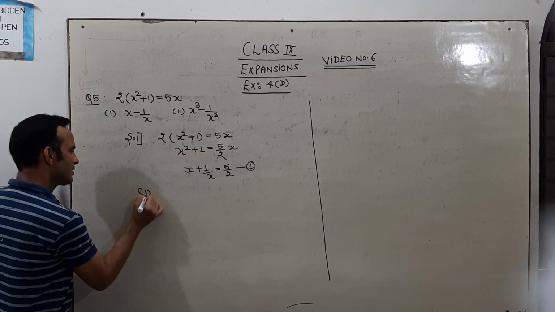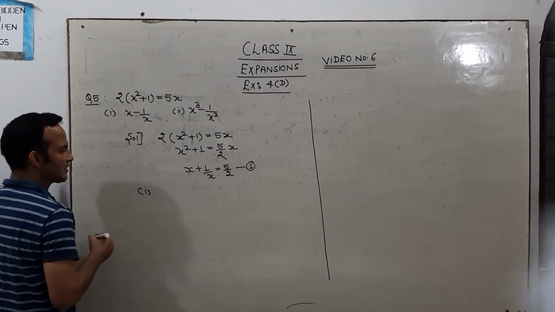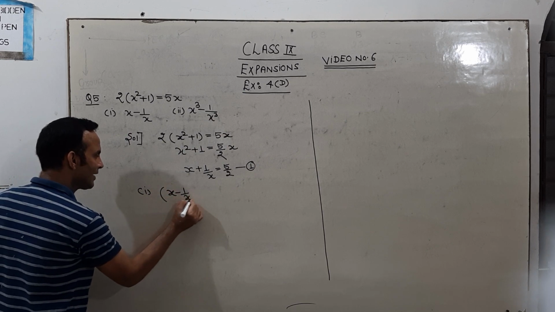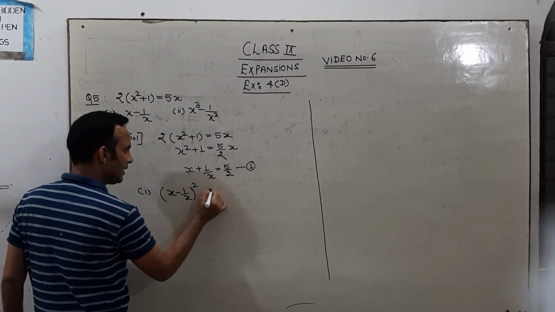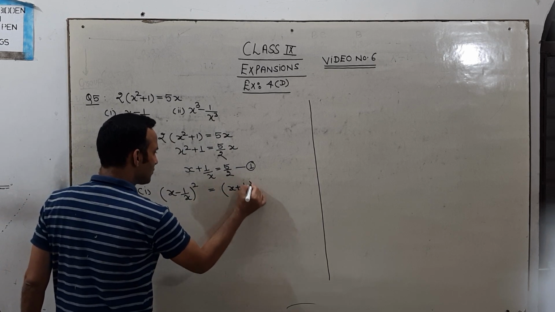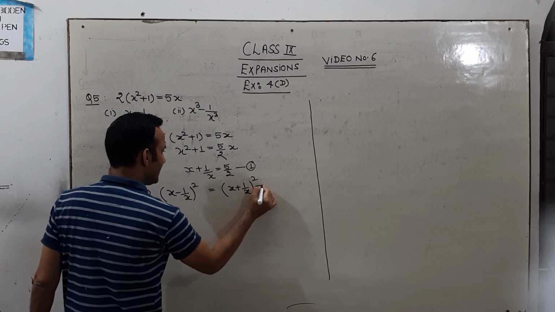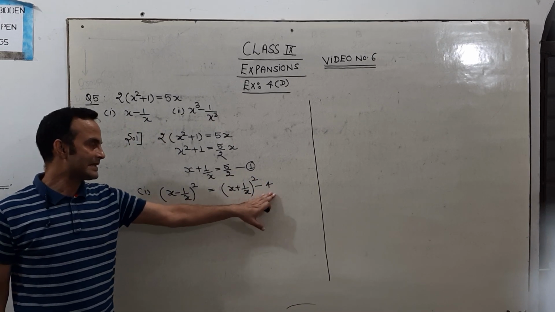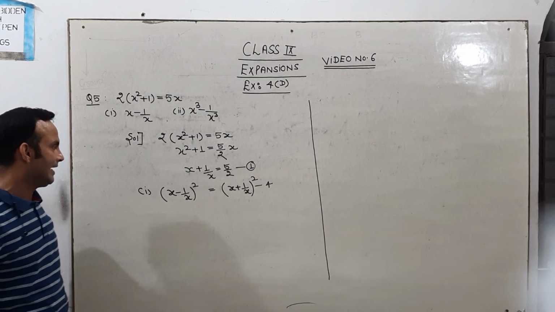Now, first part is what? We have to find out the value of x minus 1 upon x. We can write it as x minus 1 upon x whole square is equal to x plus 1 upon x whole square minus 4. We have already discussed this concept in the previous videos, my dear students.